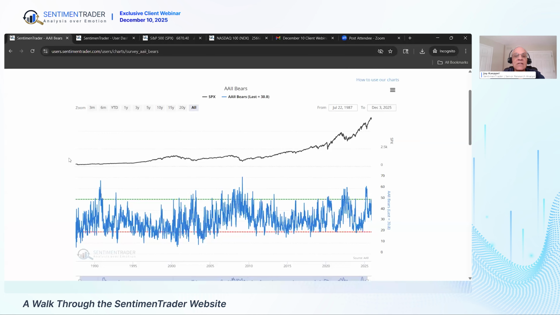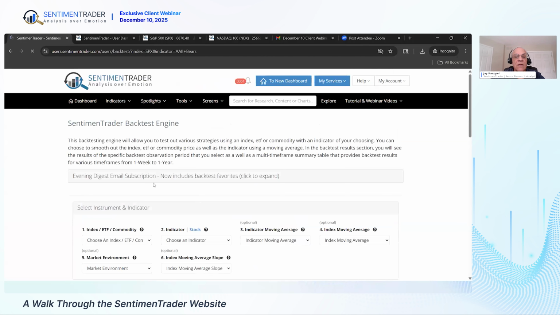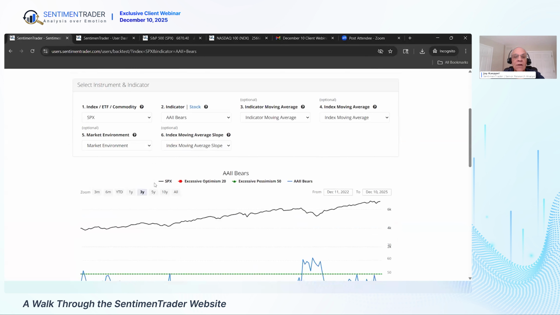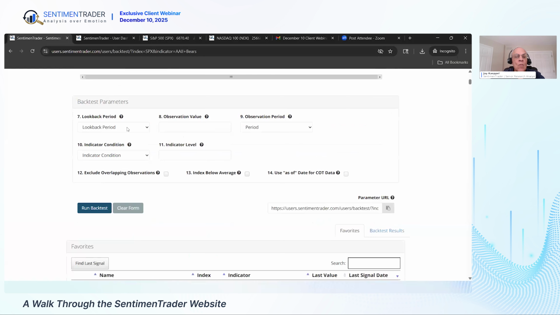So let me give you an example of a quick and dirty way to look at this indicator. You can see there's a few extremes up here where the vast majority of respondents were overly bearish. So how can we use that? Well, if we click on backtest this indicator, the indicator comes up, and I'm going to go to all history. I just want 1 week at a time.